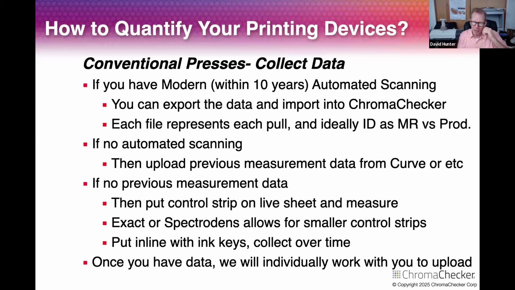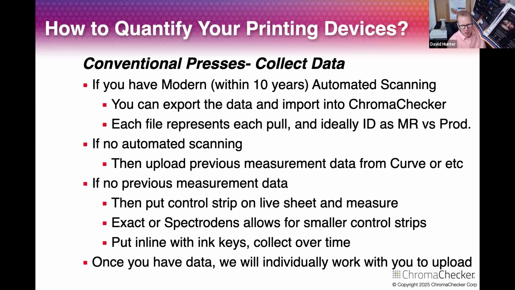Especially if the operators are selecting make ready or production as part of these prints, it's really great. If you don't have an automated scanning device, then we can give you a target, like one of these 2 targets, that ideally you can find a place in a live job, maybe not every job, but maybe 1 every 4 jobs, to put it in.